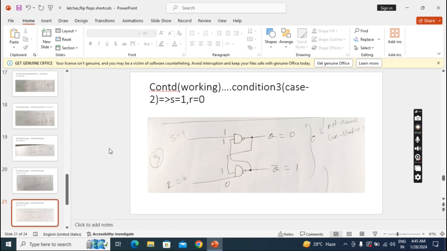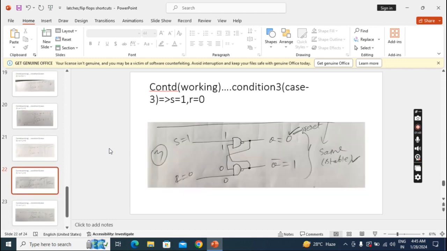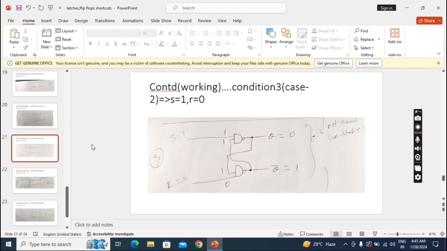Now in case 3, I will maintain the same S1 R0. I feed back the previous case output. So now I am getting both 1, so output 0. Both are zeros, output 1. So it is stable, because in case 2 what did we get?